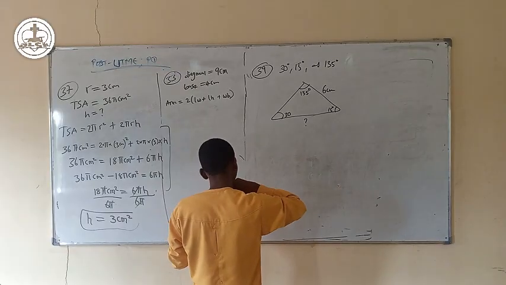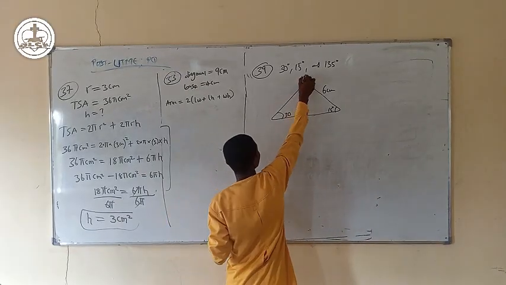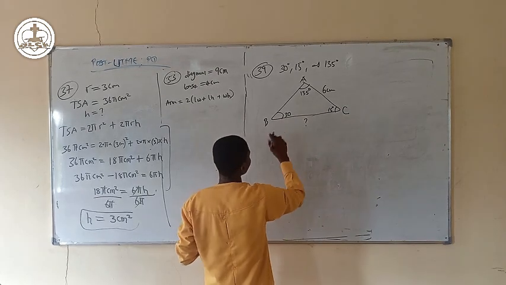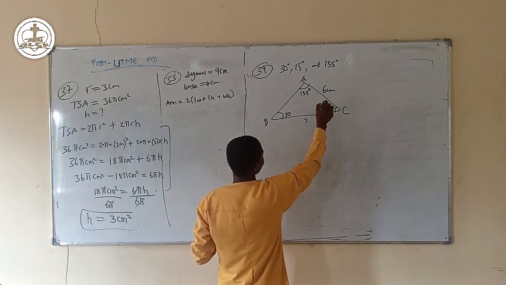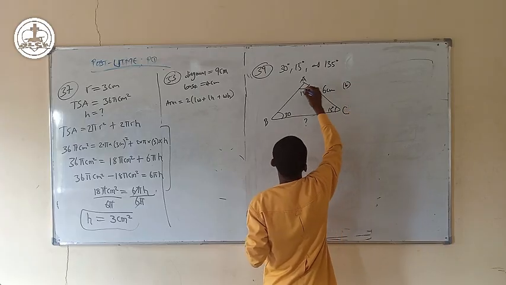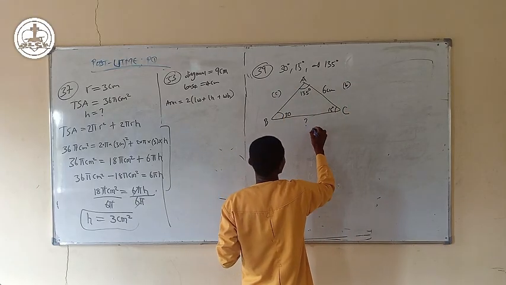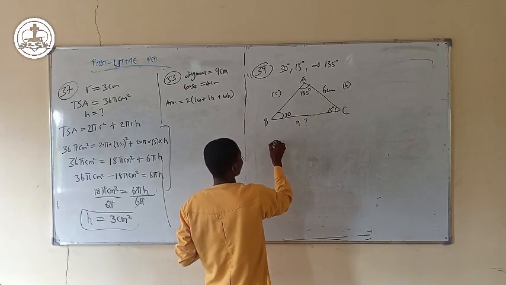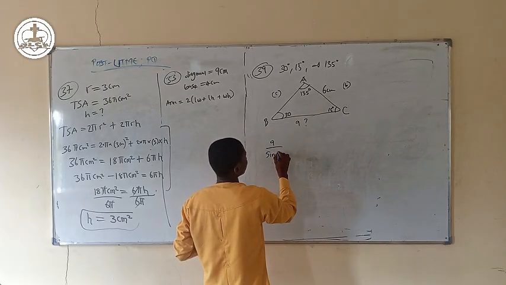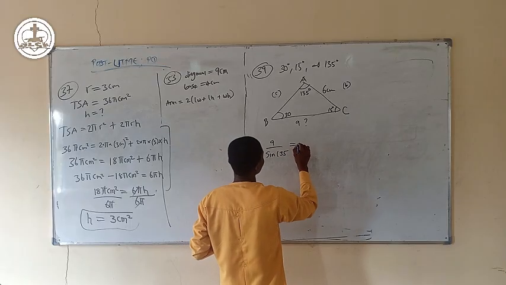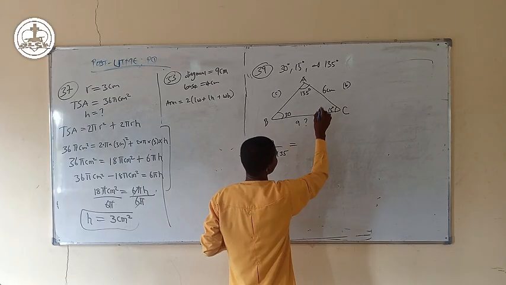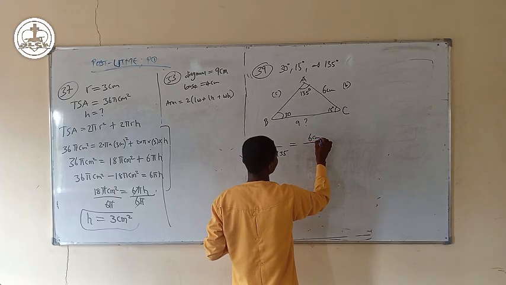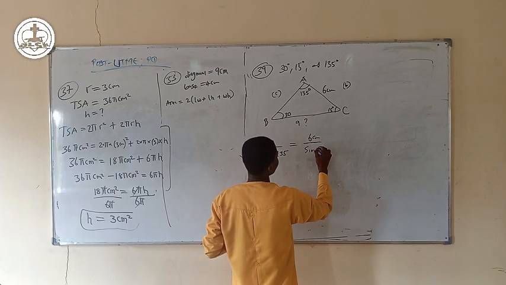So we are going to use the sine rule for this. Let's call this A, B, and C. This is going to be our small b, this our small c, and our a. We want to find a now. So this is going to be a over sine 135 is equal to our b, which is 6 centimeters, over sine 30.